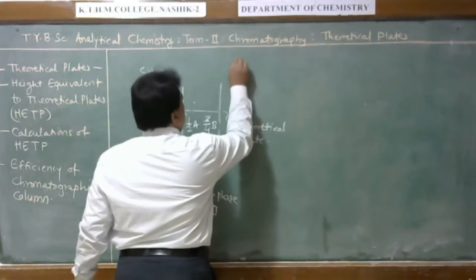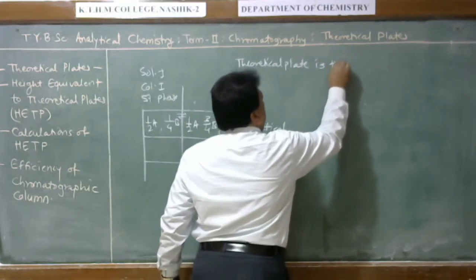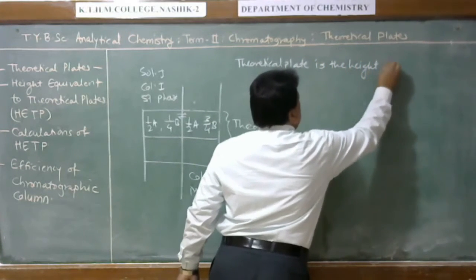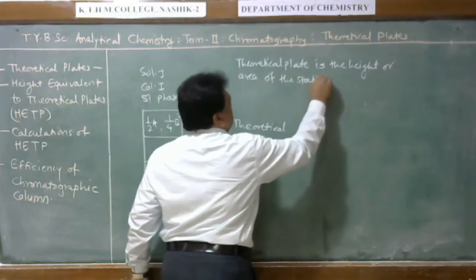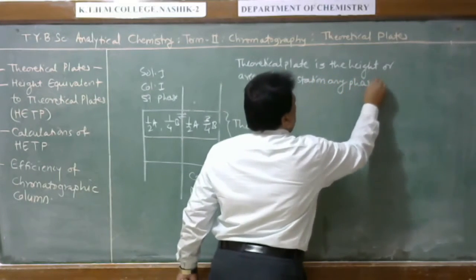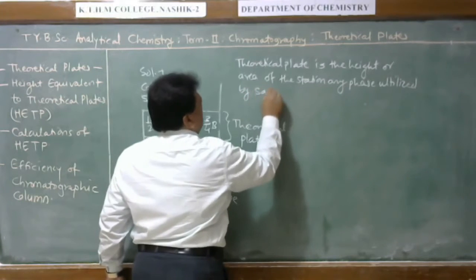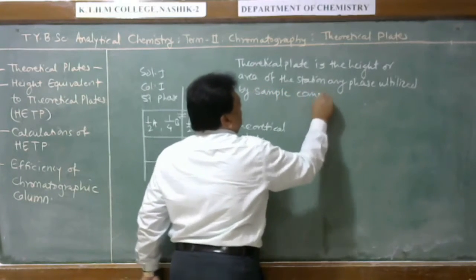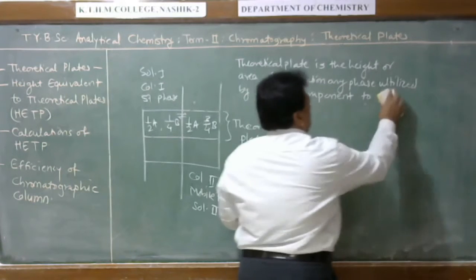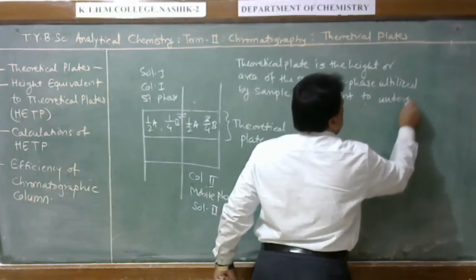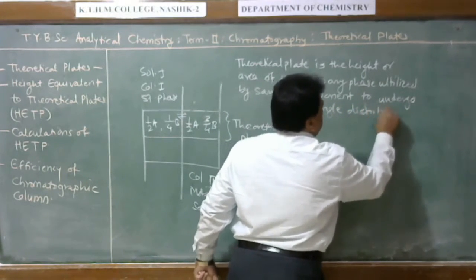Therefore, in chromatography, a theoretical plate is the height or area of the stationary phase utilized by a sample component to undergo a single distribution equilibrium.